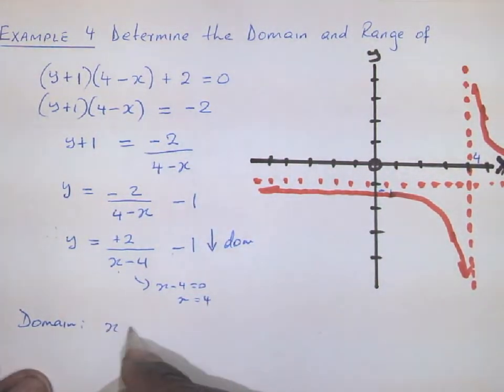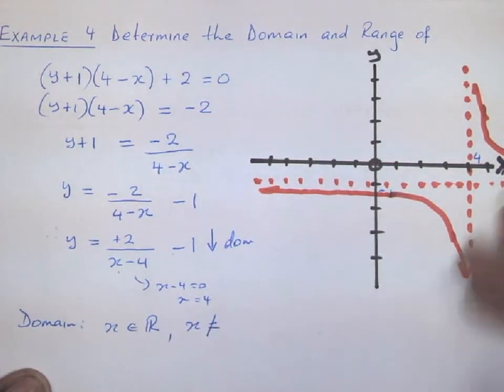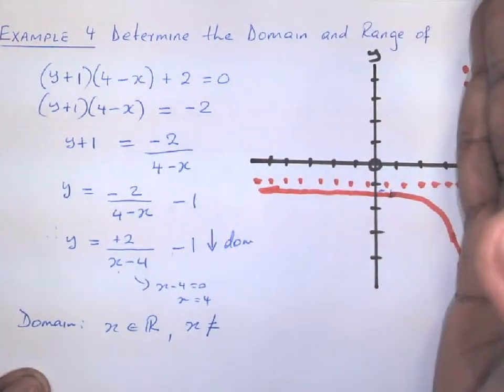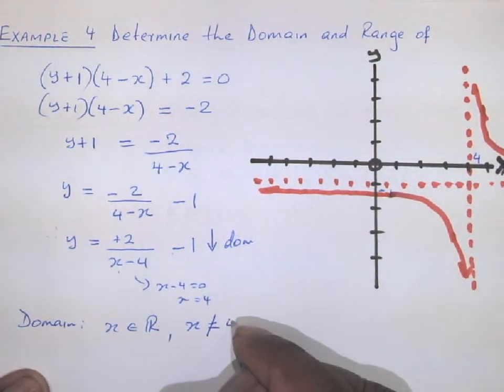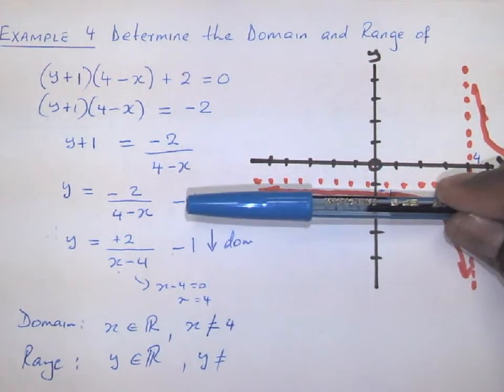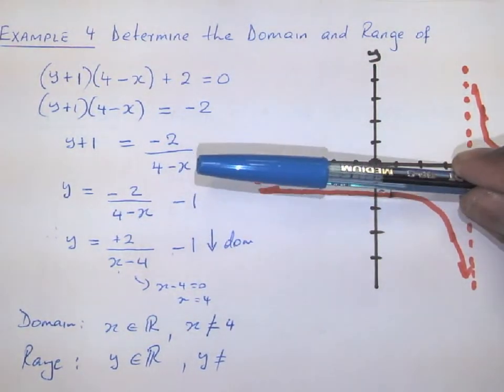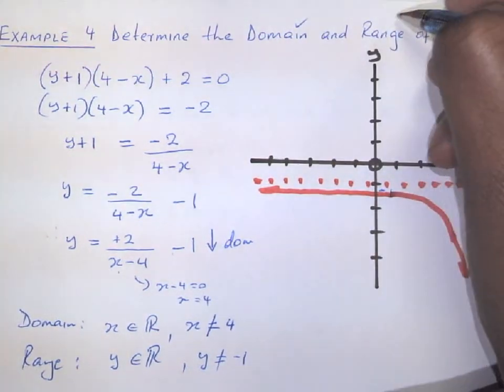So x is an element of real numbers, but once I hit 4, I can't touch 4, so x can't be 4. Then the range will be y is an element of real numbers, but y cannot be equal to minus 1, because the graph can't reach minus 1. We've answered all of these questions.